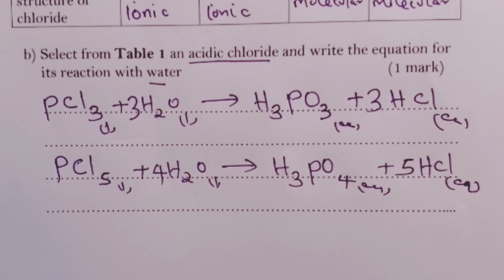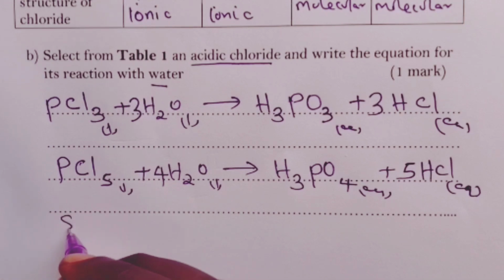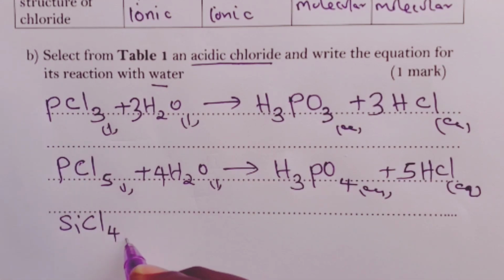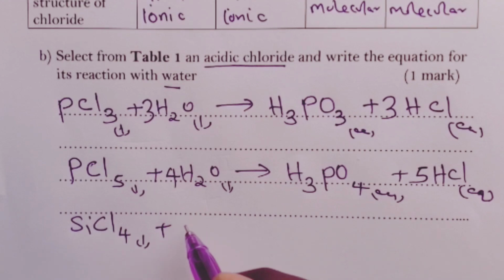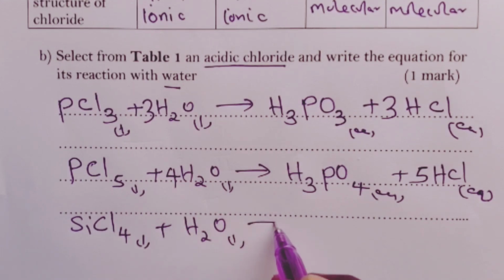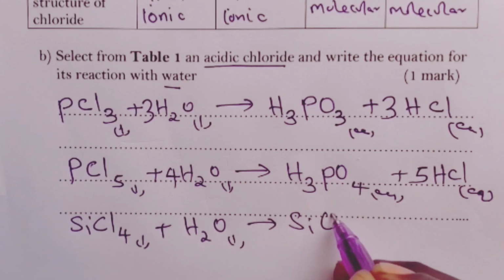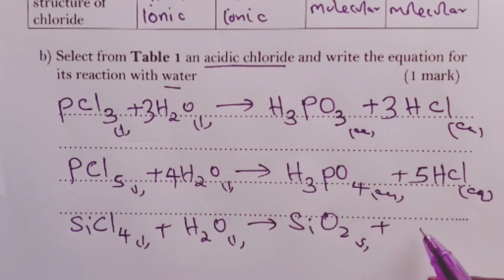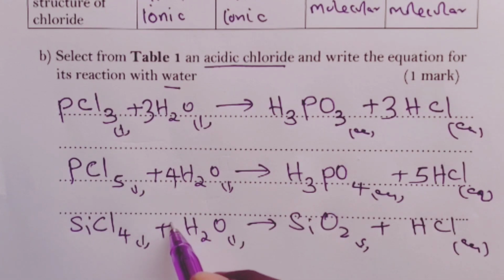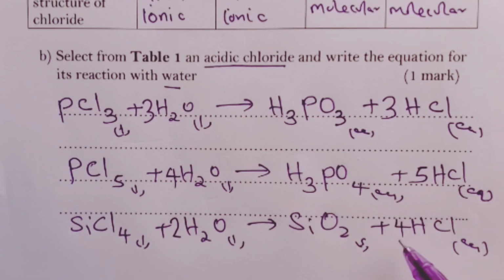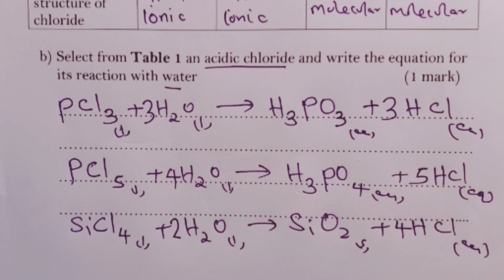The last acidic chloride would be that of silicon(IV) chloride. This would react with water to form silicon(IV) oxide, and we shall as well get hydrochloric acid. So we balance with a 2 on water and a 4 on hydrochloric acid. A candidate would decide to go for any of the 3 equations. We move on to question number 9.